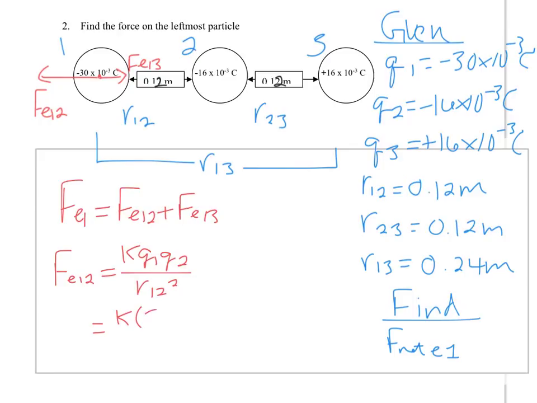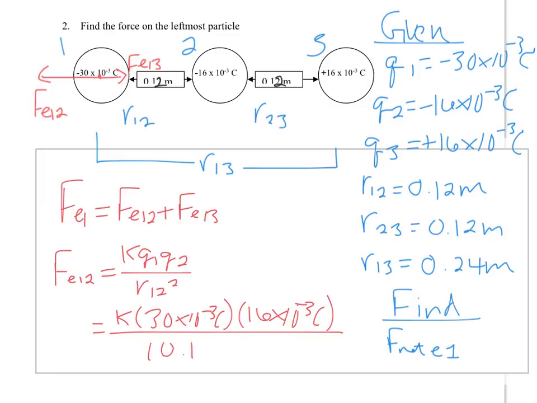So we'll say this is K, 30 times 10 to the negative third coulombs, times 16 times 10 to the negative third coulombs, over 0.12 meters squared.